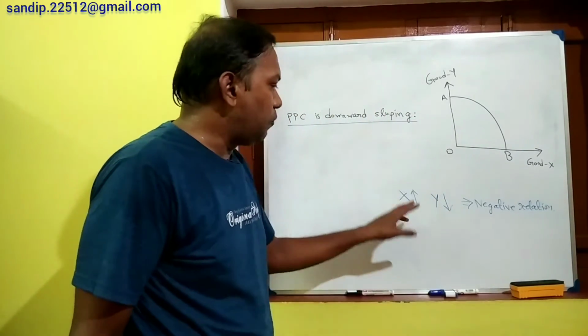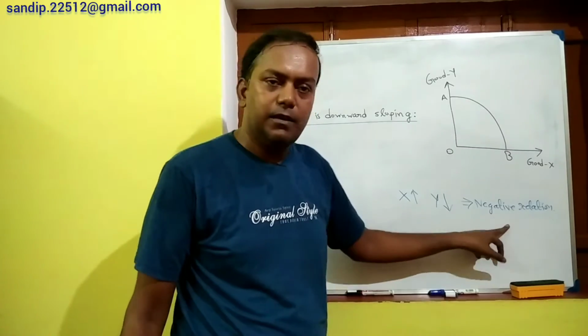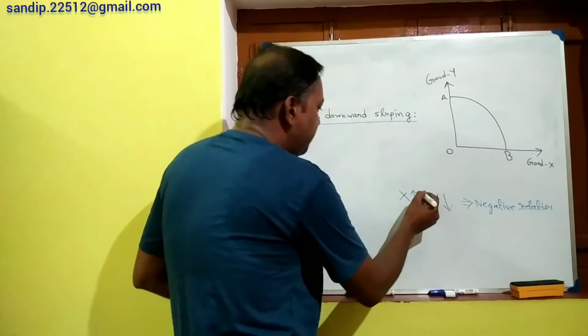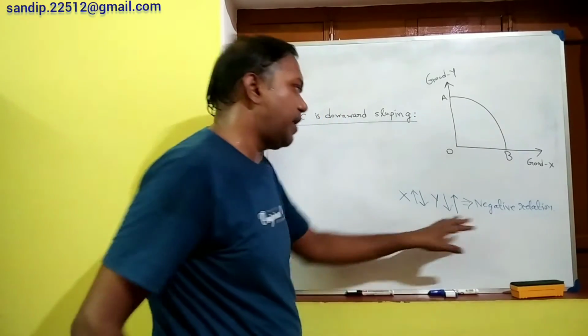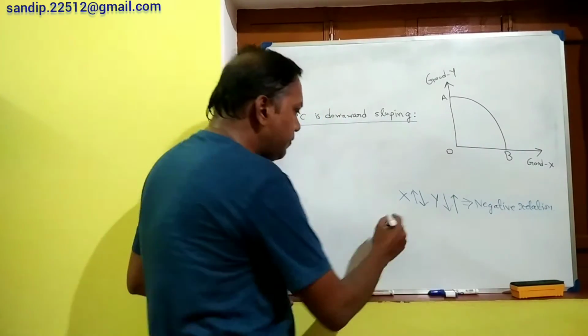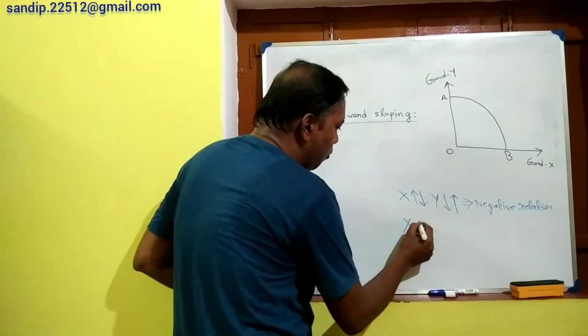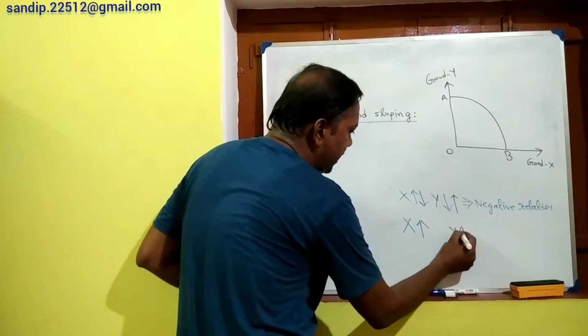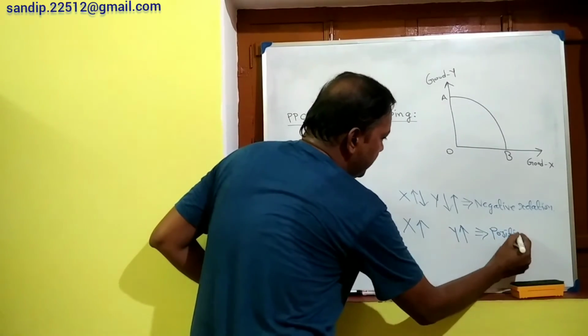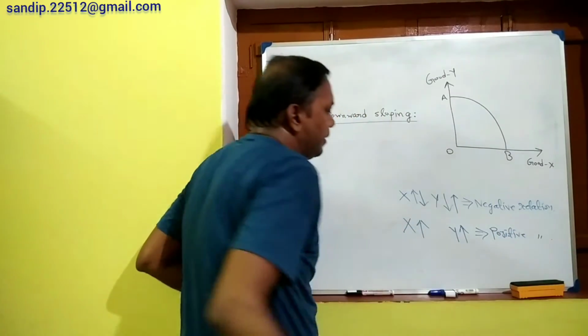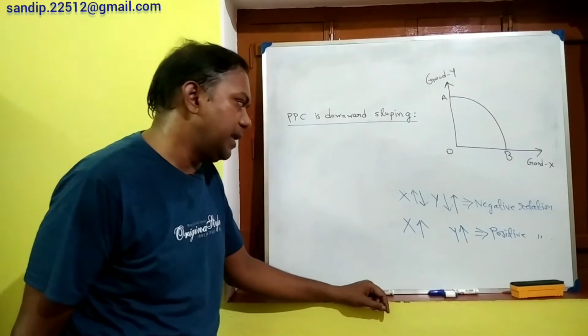Let me explain. In mathematics, suppose I am taking two variables, x and y. If the value of one variable increases and the value of the other decreases, meaning both variables move in opposite directions, then there is a negative relation. When x increases, y decreases, we find a negative relation. If x decreases but y increases, then also I find a negative relation. But if both variables move in the same direction, then there must be a positive relation. If the values of both variables increase, or both decrease, there must be a positive relation.